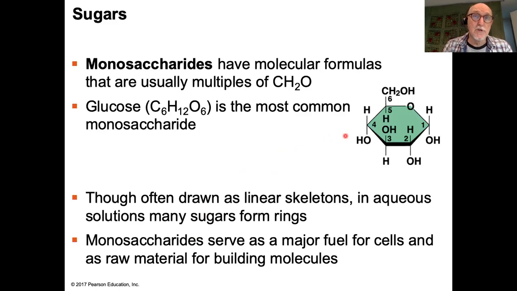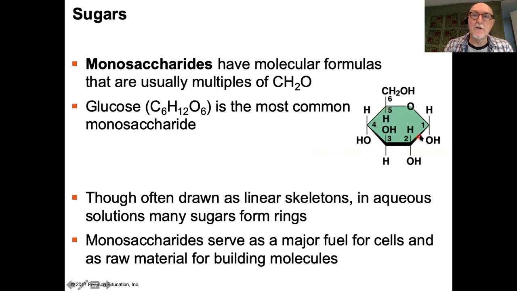So in solution, glucose is not a carbon chain. When you crystallize it out of solution, then it may be more linear. But in solution, it tends to form these elaborate rings. And I just want you to get used to having a look at this. This is a sort of shorthand for molecular structure, because at these points here where there is nothing indicated, there is a carbon.